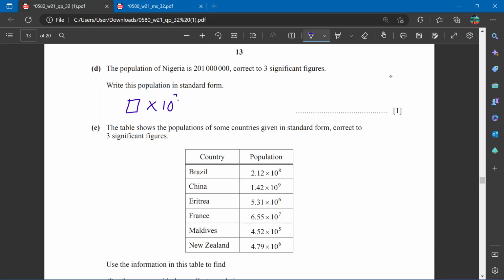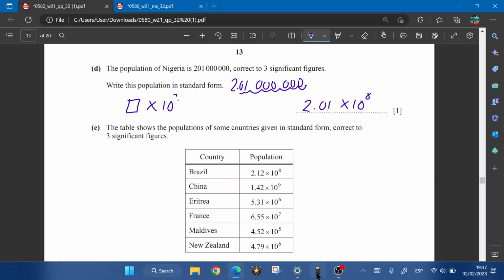Okay, meaning if we have the number 201 million, the decimal point of course is at the end. We need to move that decimal point over there to make it 2.01. Okay, times 10. How many spaces have we moved it? 1, 2, 3, 4, 5, 6, 7, 8. 10 to the power of 8.